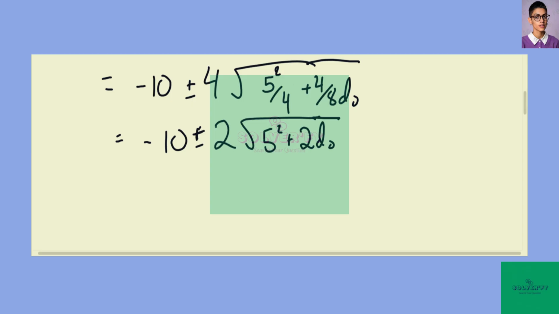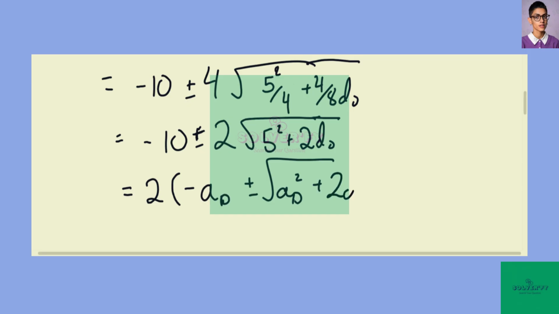And if you notice, this equation can also be rewritten as 2 times the quantity minus a d plus or minus square root ad squared plus 2d naught. And if we look at some of the limits of this system, we don't care about the negative on this because we're not interested in what happens in negative time.